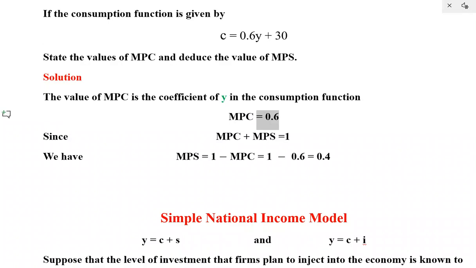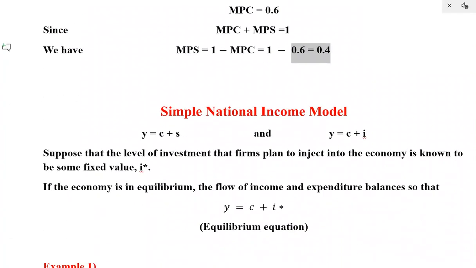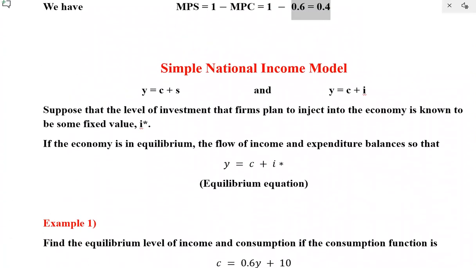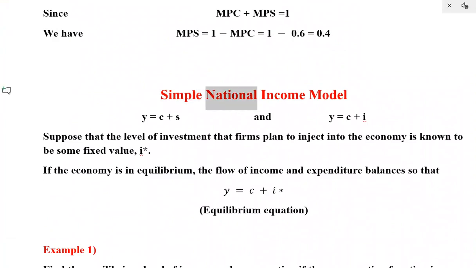MPC equals 0.6. Since MPC plus MPS equals 1, we have MPS equals 1 minus MPC equals 1 minus 0.6 equals 0.4.